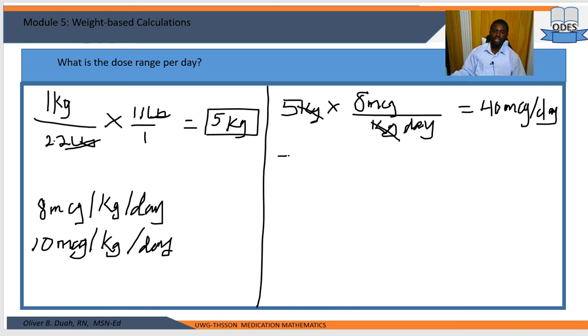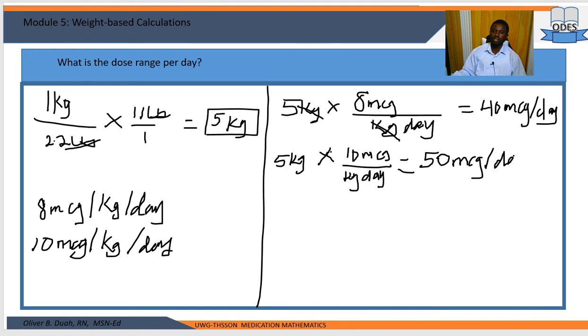Then we will take 5 kilograms again and multiply it by the upper limit of the safe dose range. So we have 5 times 10 micrograms per kilogram per day. And this will give us 50 micrograms per day.